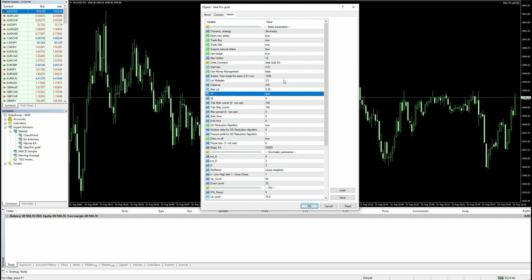I also touched on DD reduction earlier on. I normally turn this off because it only works for the first pair, 6 and 1. It doesn't happen for the next 6 and 1. That's what I noticed, but if you find that it works for the next 6 and 1, do let me know. I don't use it because once it kicks in, it closes the highest profiting position with the lowest one.